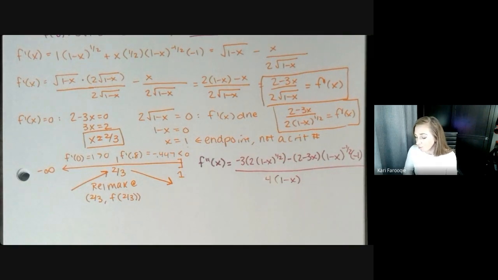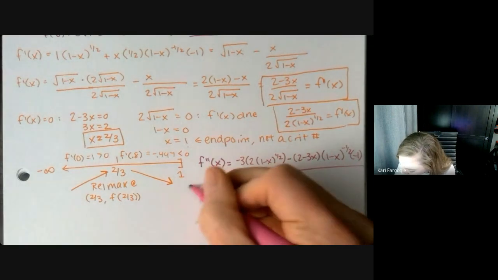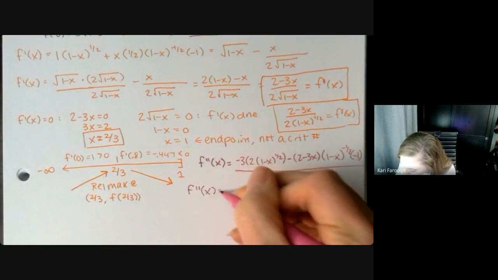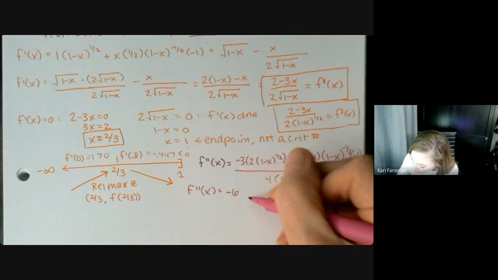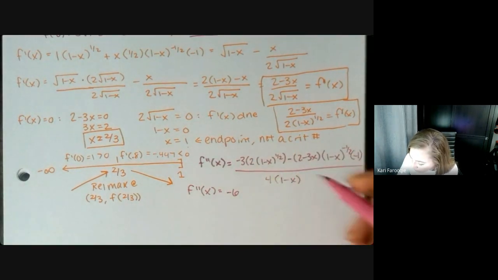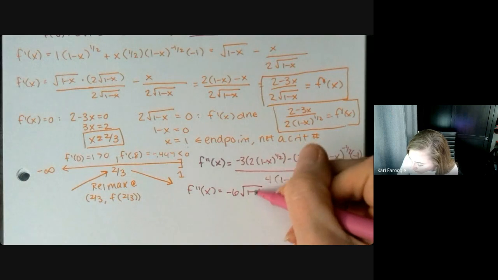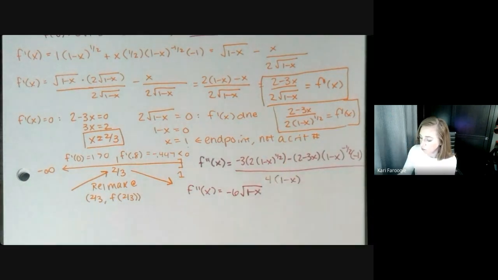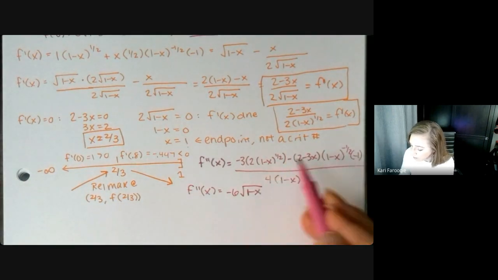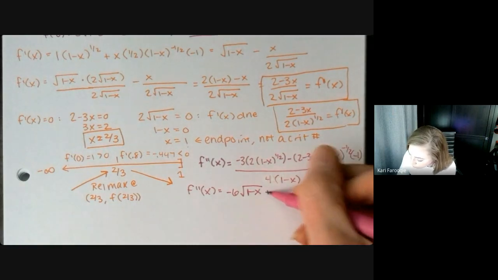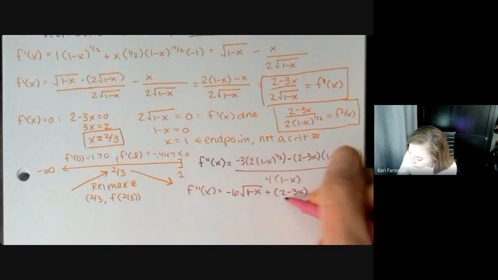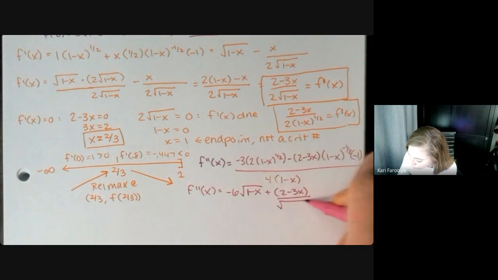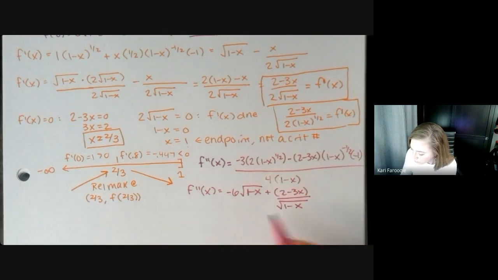All right, let's simplify this bear. Okay, I'm going to get -6 times... I kind of want to switch this back to a radical now. 1 minus x, the square root of 1 minus x. I've got a minus and a minus, so I'm going to call that a plus, and then 2 minus 3x divided by the square root of 1 minus x, because it's to the -1/2 power.